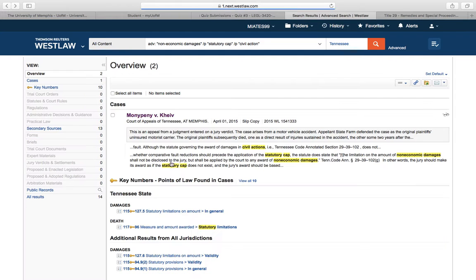If I go back, it says where the comparative fault reductions should precede the application of the statutory cap. The statute does not state that the limitation on the amount of non-economic damages shall be disclosed to the jury, but shall be applied by the court to any award of non-economic damages. Tennessee Code Annotated 29-39-102.